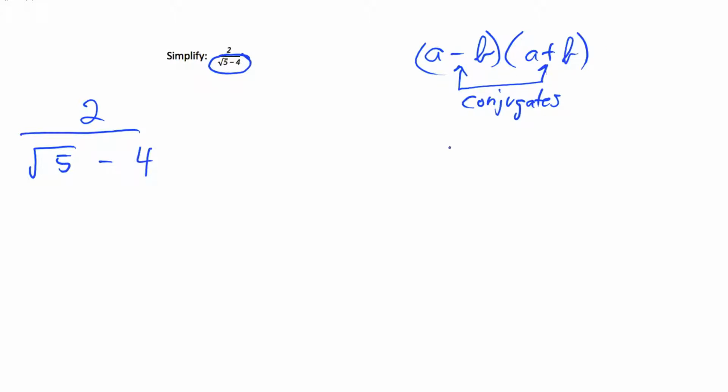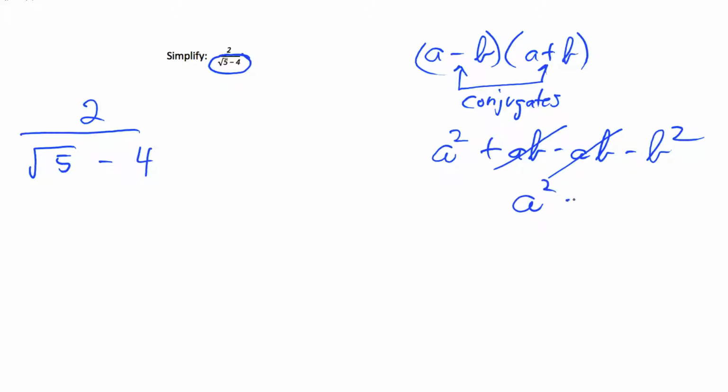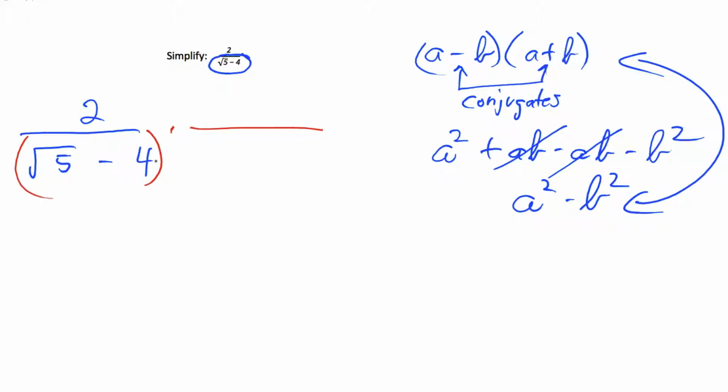If we multiply these two terms, we will get our terms, and we'll notice that our two inside terms cancel out. So what we're going to do is look at our denominator, the square root of 5 minus 4, and multiply numerator and denominator by the conjugate of the denominator, which would be the square root of 5 plus 4.